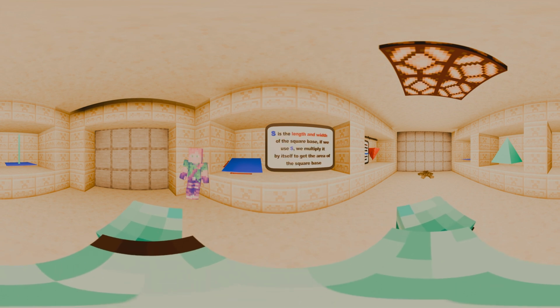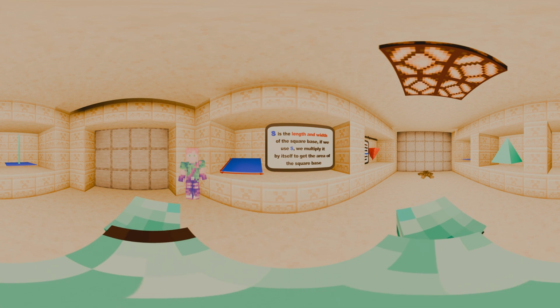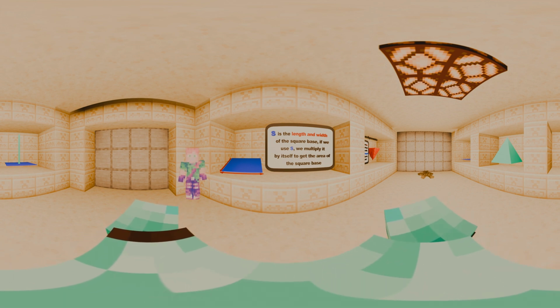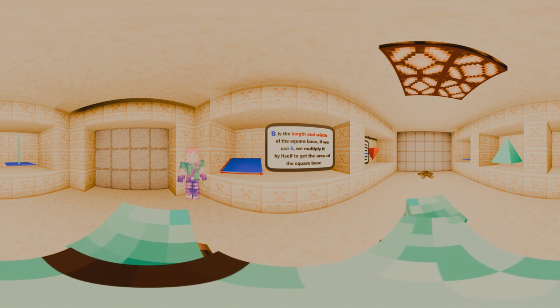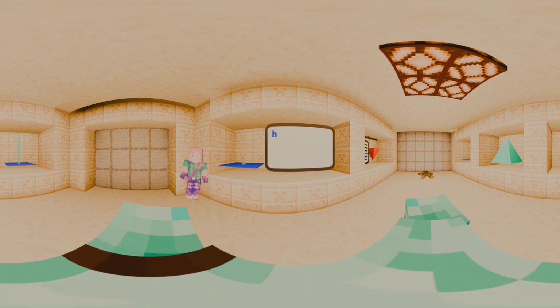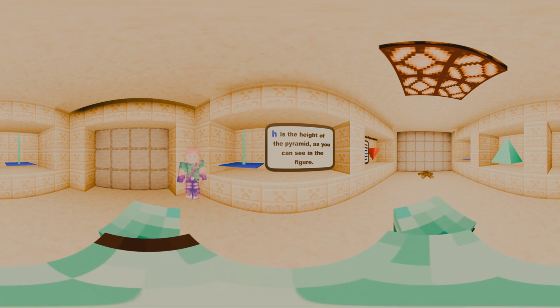Where S is the length and width of the square base. If we use S, we multiply it by itself to get the area of the square base. And H is the height of the pyramid, as you can see in the figure.